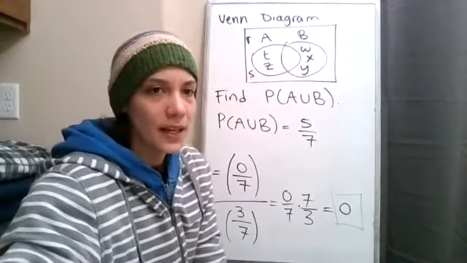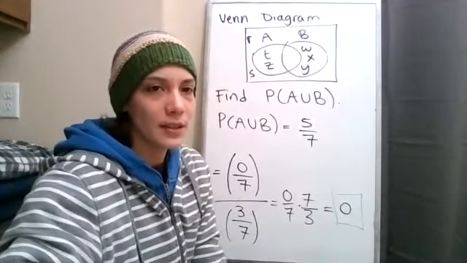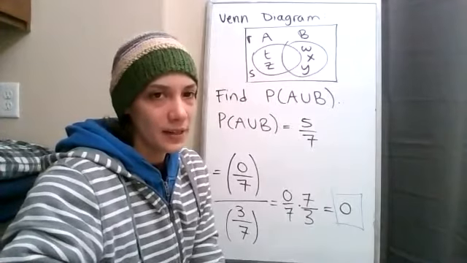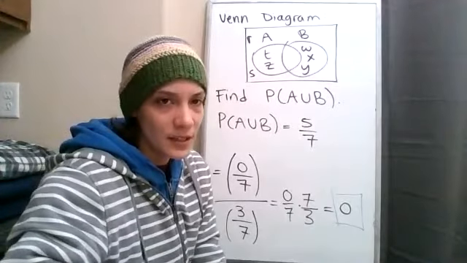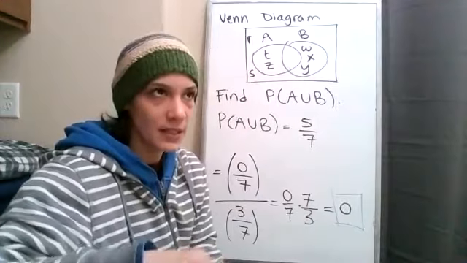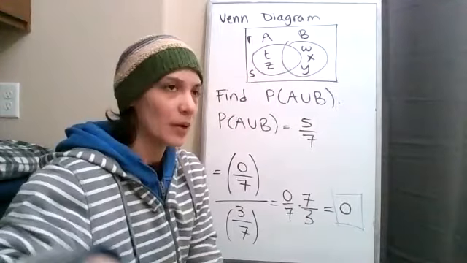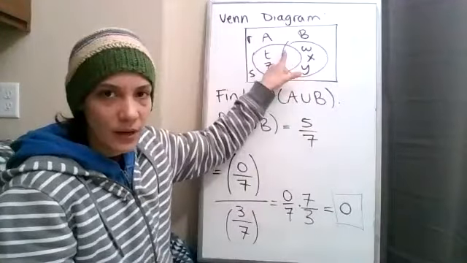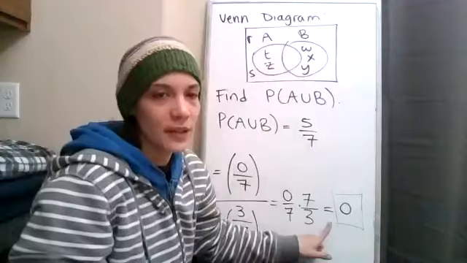Okay, when you find A given B, if the intersection of A and B is empty, the probability will be 0. That will happen every time. You'll get a 0 every time you have disjoint sets, when you find the probability of B given A or A given B. It's a very good question.